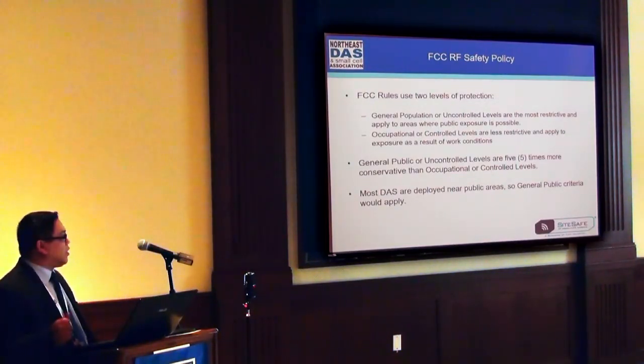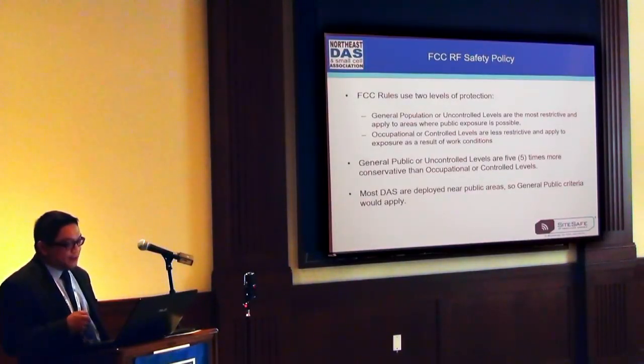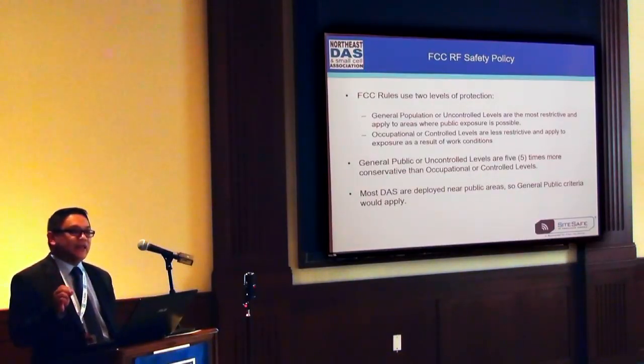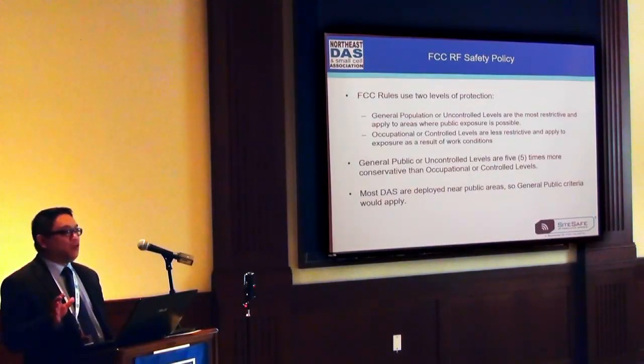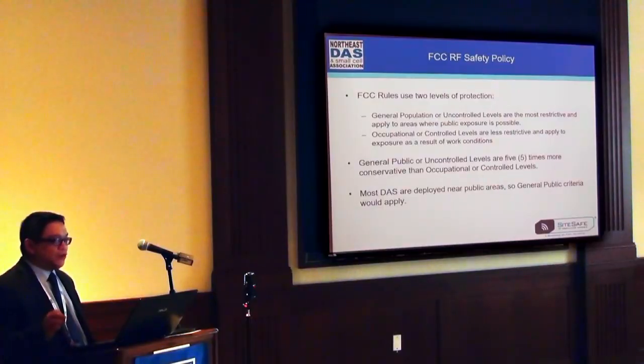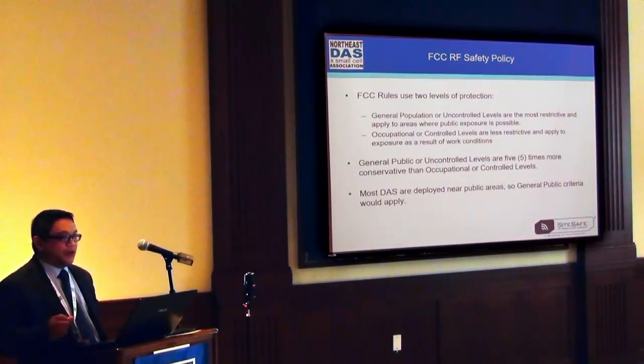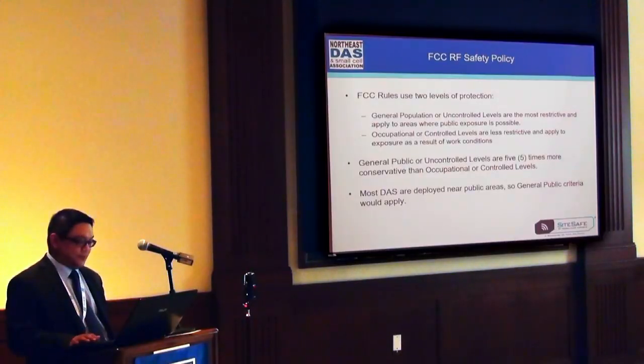The other is the controlled level, the occupational level, which is where you can work, and it's not for the general public. Typically, the uncontrolled levels are 5 times more conservative than the occupational or controlled level.